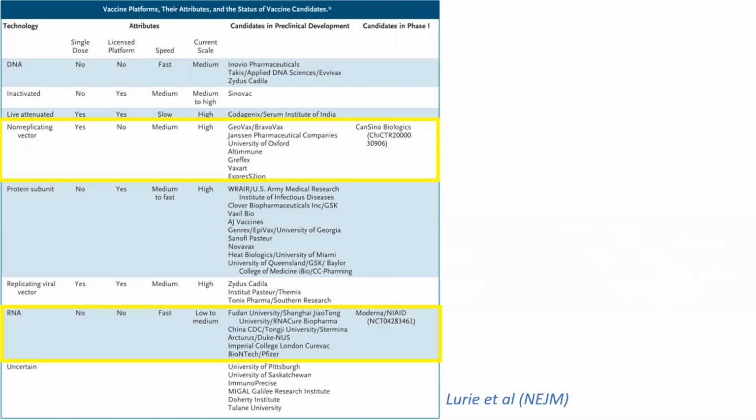It's reasonably fast to get production and potential for higher scale. And then the RNA vaccine that may require multiple doses is very quick to get to production, but it is more difficult to scale. However, this was a few weeks ago now, and as we've seen, evidence moves very rapidly.